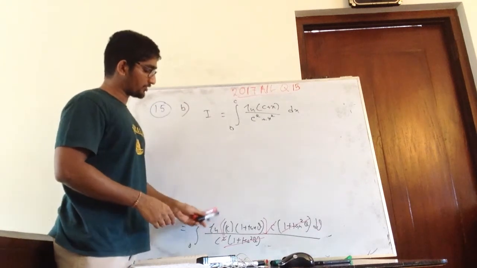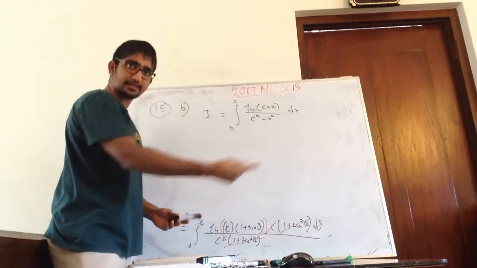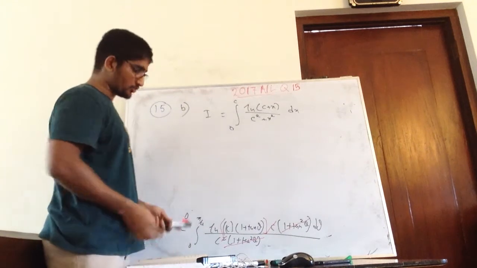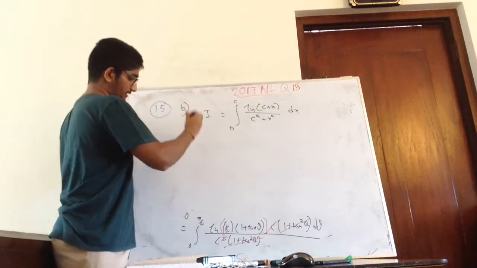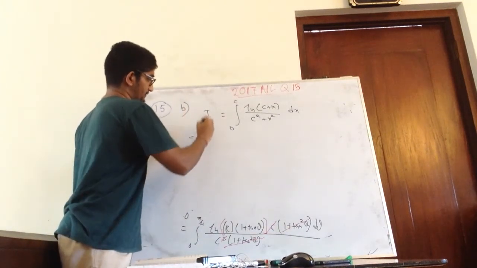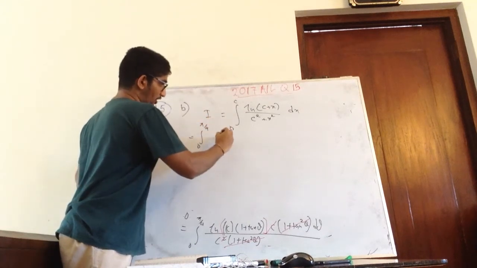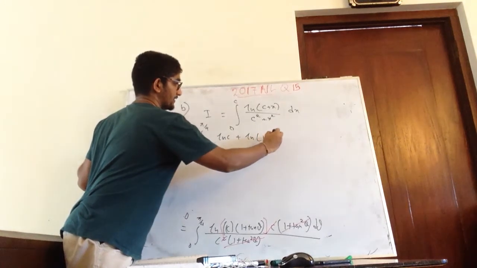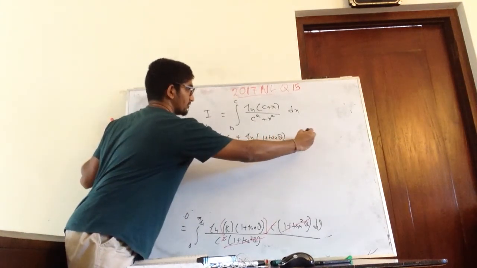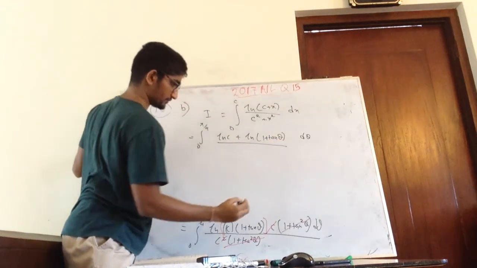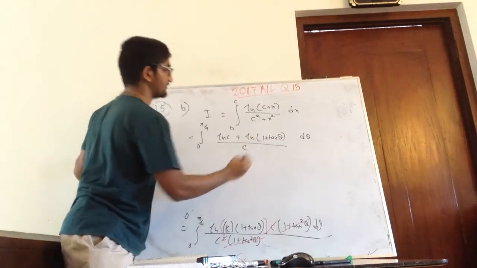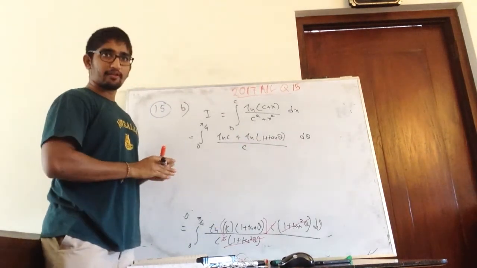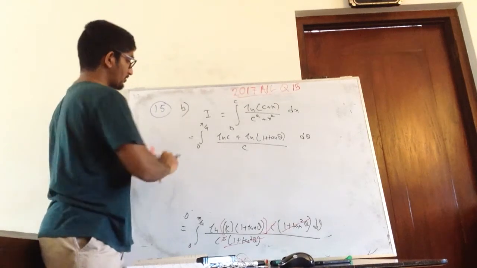So here it's ln of C into (1 plus tan theta). That means you can write this as ln C plus ln(1 plus tan theta) d theta over C. Right? Is this clear?